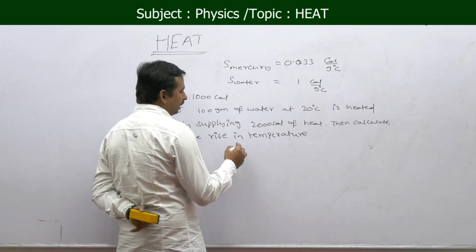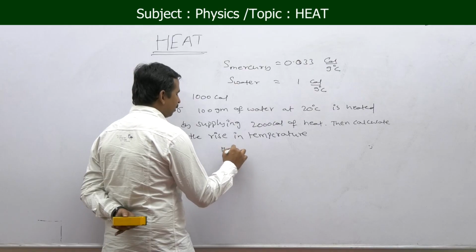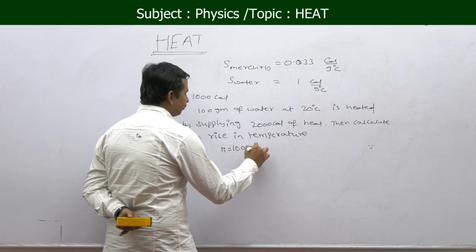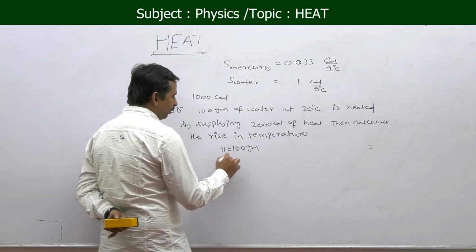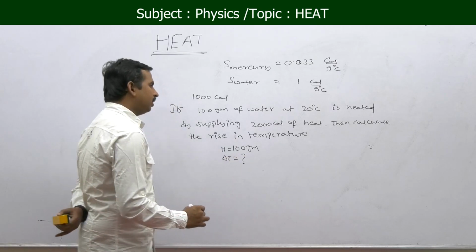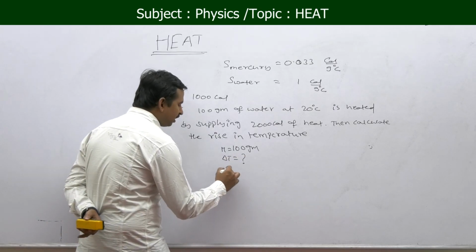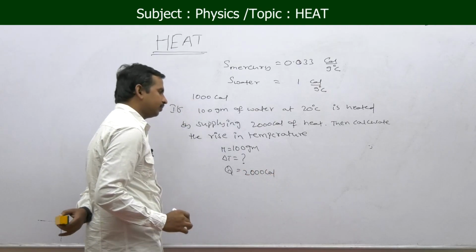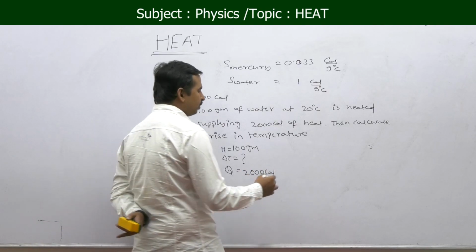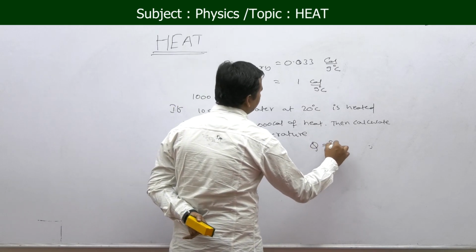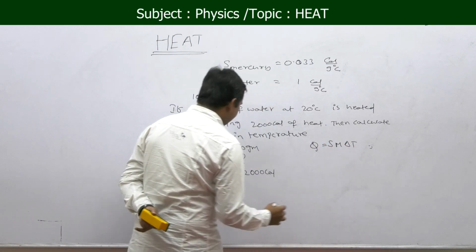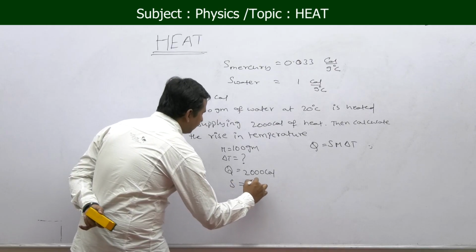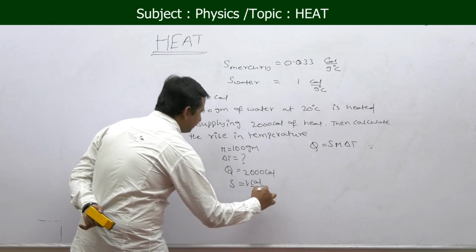And we know that m is given as 100 grams, and the change of temperature we don't know. Given that this time heat energy is given, which is Q is equal to 2000 calories supplied there. Then again you know that Q is equal to S m delta T, where S is equal to 1 calorie per gram degree Celsius.